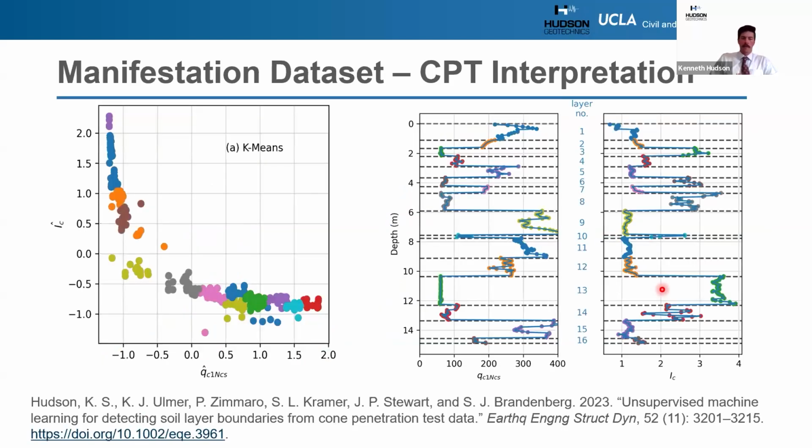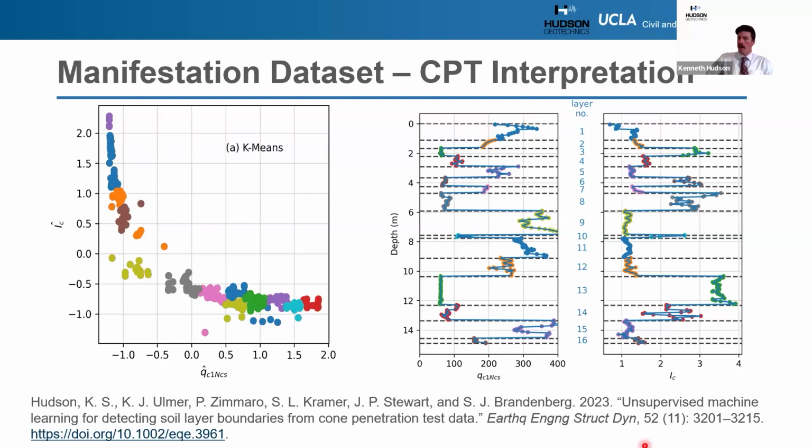And then another big innovation was how we discretize our profiles, and particularly in CPTs. We wanted to have a repeatable, unbiased assessment of where layer boundaries are within the profile. And so we did that with an unsupervised machine learning technique that is totally repeatable.